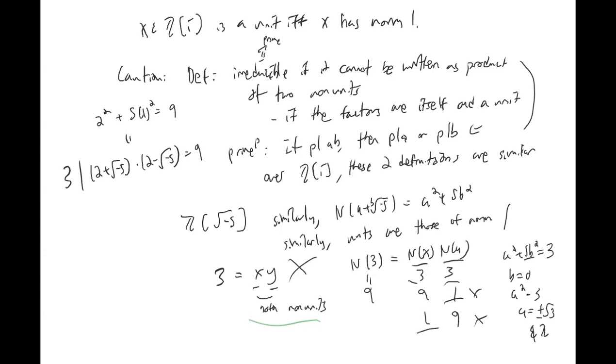But 3 does not divide 2 plus root negative 5, and 3 does not divide 2 minus root negative 5. So this definition is not satisfied: I divide a product, but I don't divide either of the individual terms.